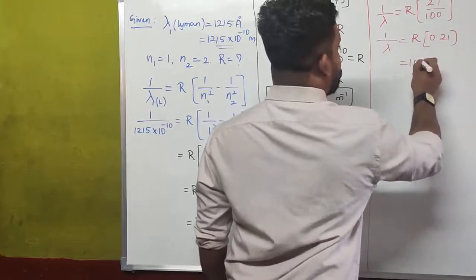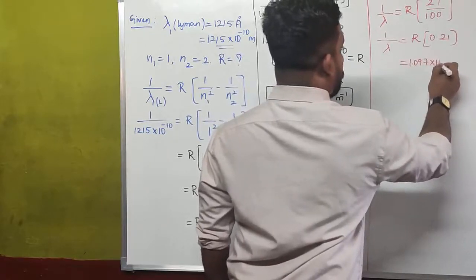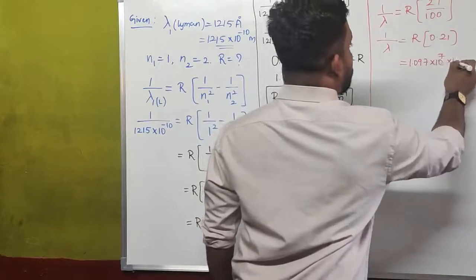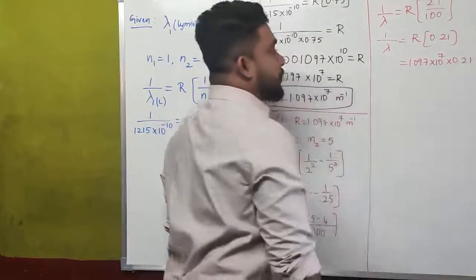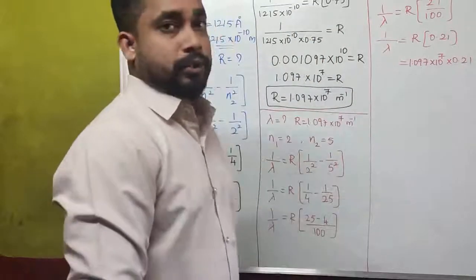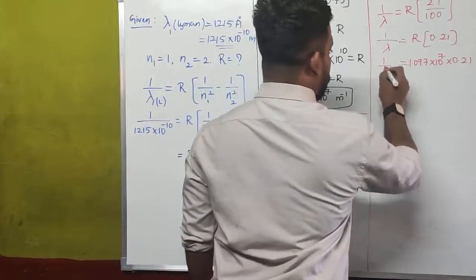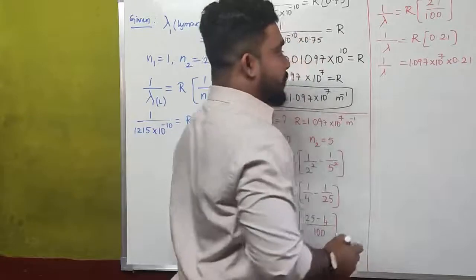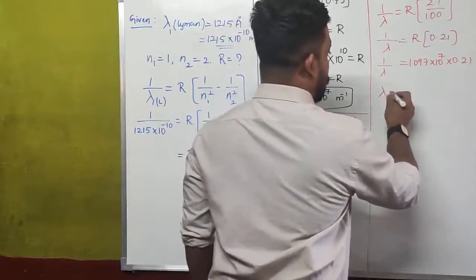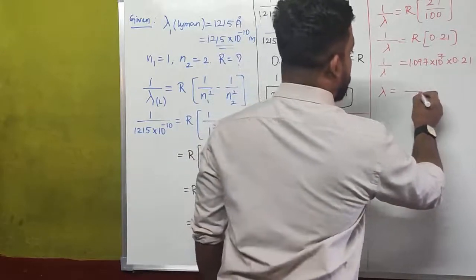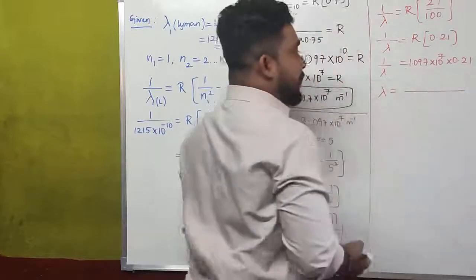What is the value of R? That is 1.097 into 10 to the power of plus 7 into 0.21. If we calculate these two things, what do we get here? What we want here is lambda, so we have to send this to the denominator.